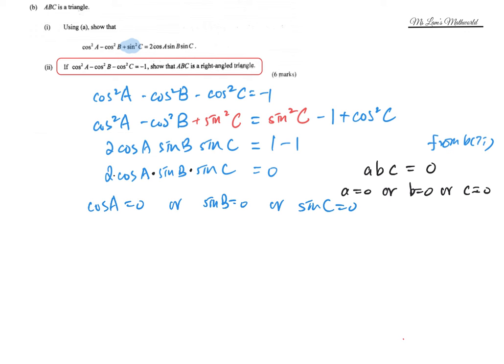Then cosine 90 degrees is equal to 0, right? Pi over 2. That means pi over 2 only. So sine B equals to 0. Oh, it is impossible, right? Because it is in a triangle. The value of the A or B or C, for example B, we don't have the equal sign.